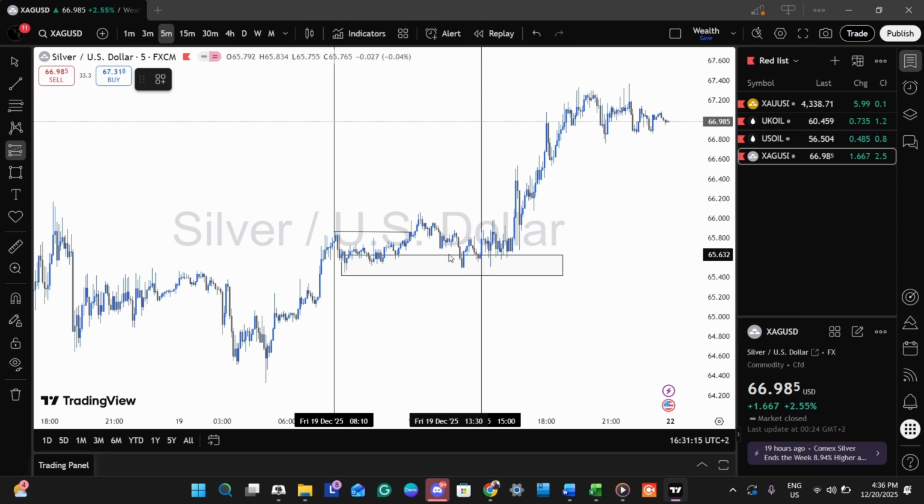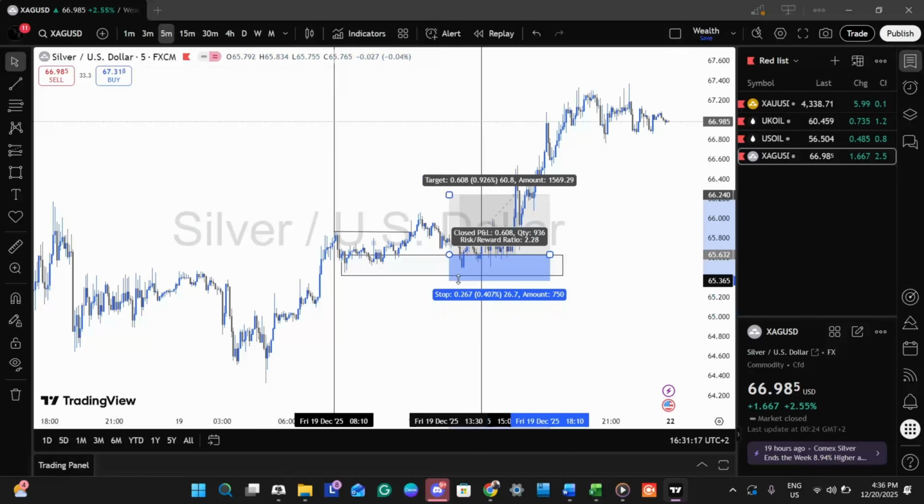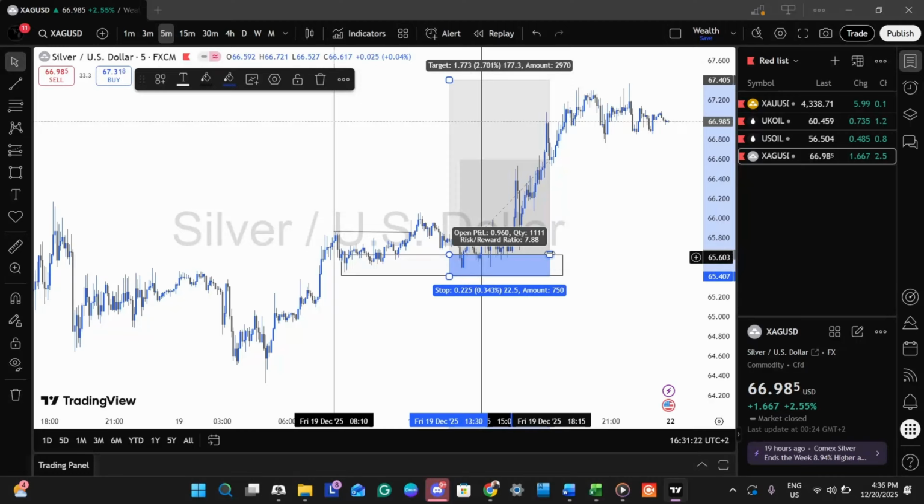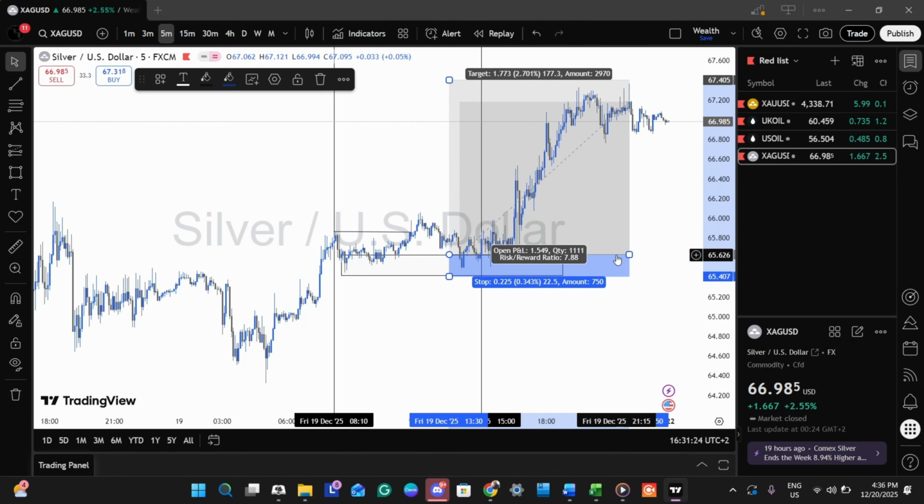So that's an important principle in analyzing the financial markets, as you're deriving an analysis of what was happening in the markets. So we can see that there was a sweep of liquidity, and then we established that the volume of trading activity here was maybe not the most convincing because it was more of ranging price action, but we can still see it had effect enough to sweep liquidity.